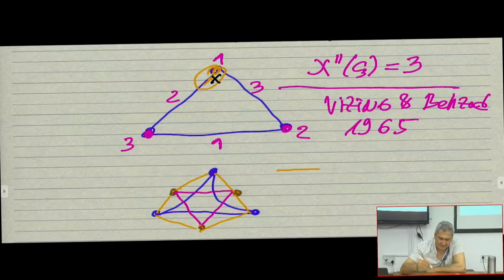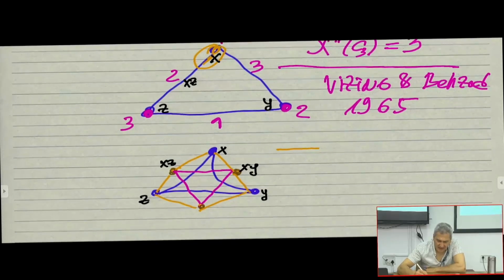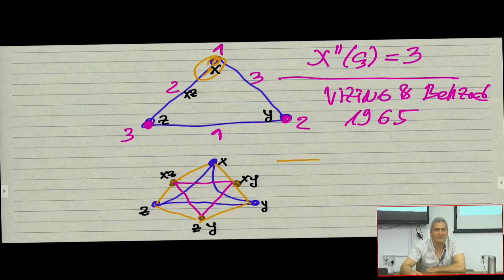X, Y, Z. So we put X, Y, Z. Now this edge is XZ, and this is XY, and this is ZY. So with blue color, we denote the original edges of the graph.